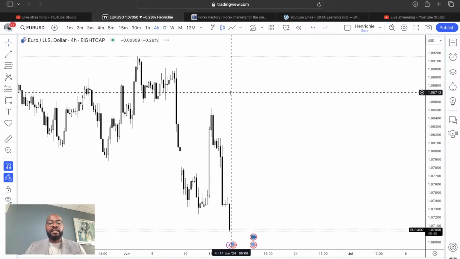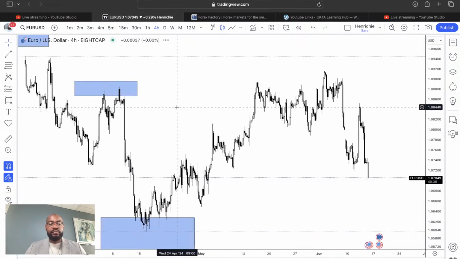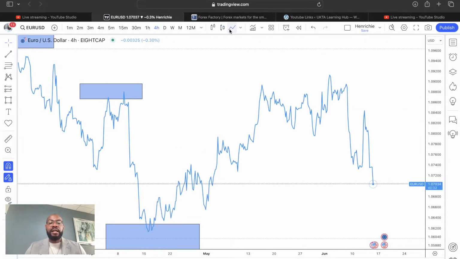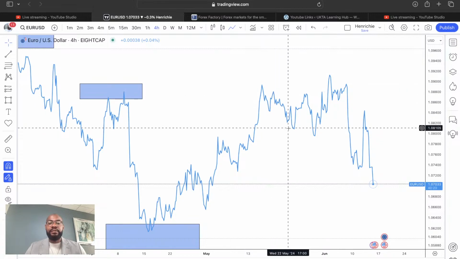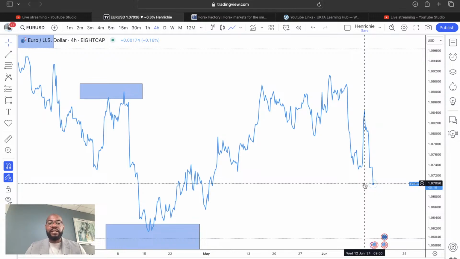We'll go to the 4-hour time frame. If you look at this on the line chart, you can see how price has been going to the upside, high, low, high, low, high, low, high, low, and a high. Consolidation, run on liquidity, displacements.